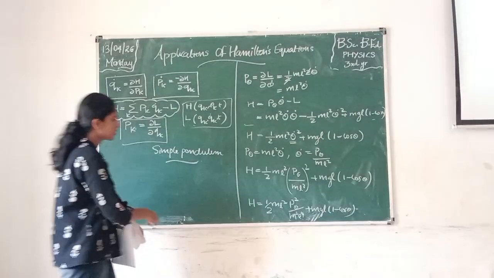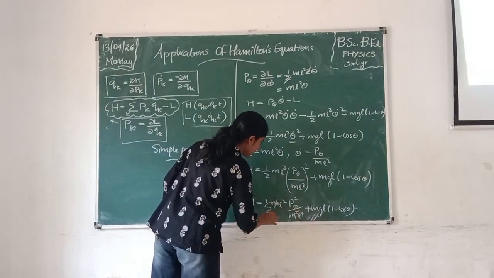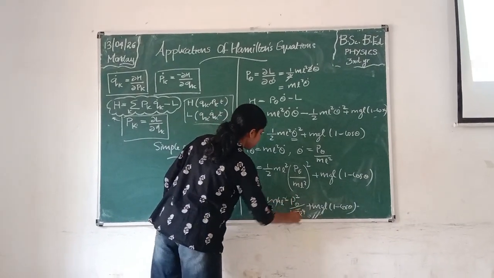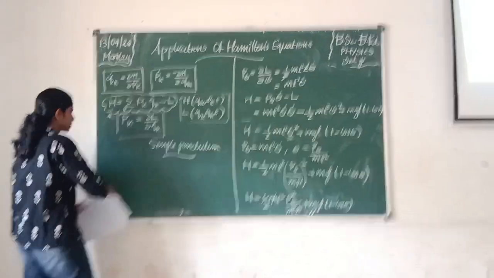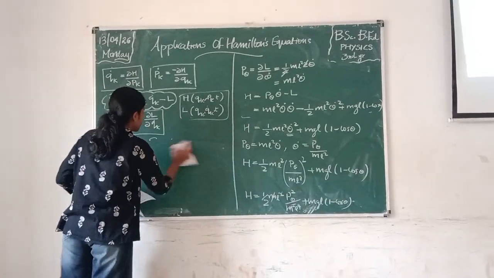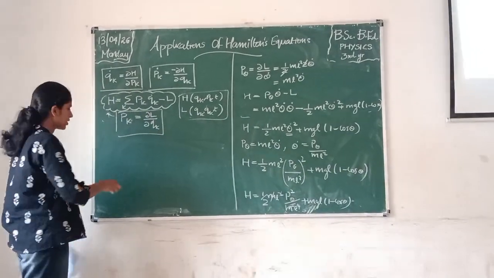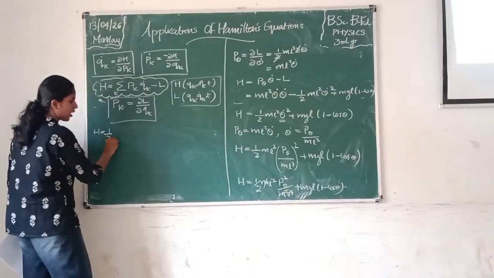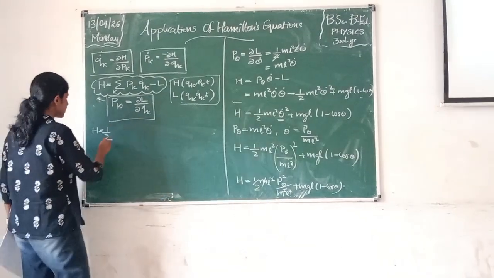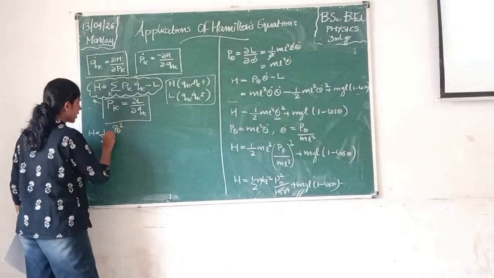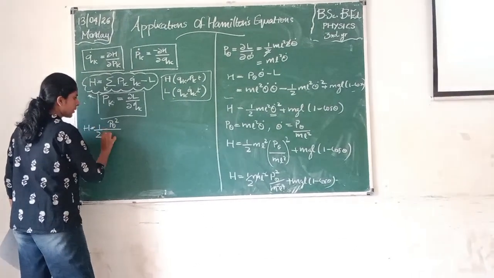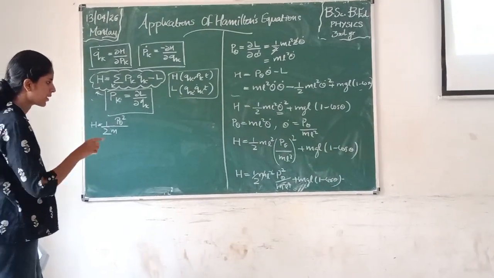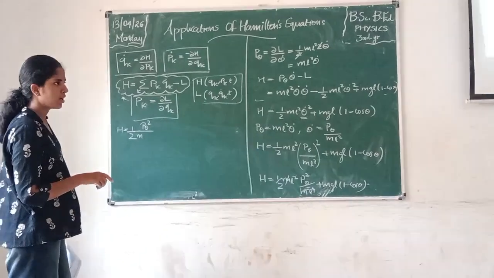So here this m and m will cancel, L square and L raised to 4 will cancel. So what will be the equation of x? X is equal to half, minus that is p theta square by 2m L square.